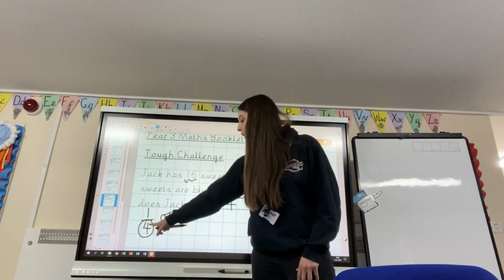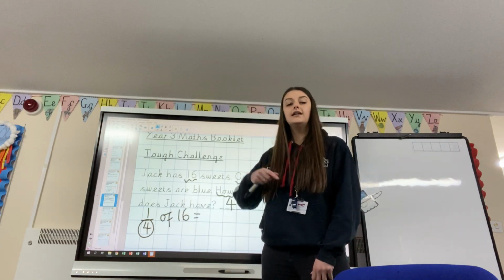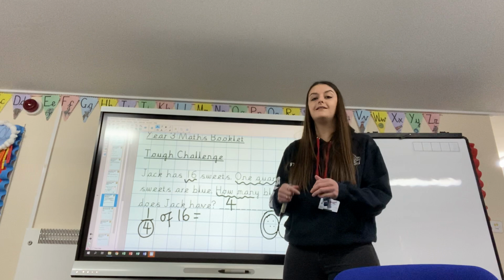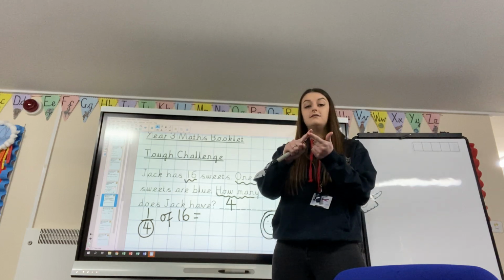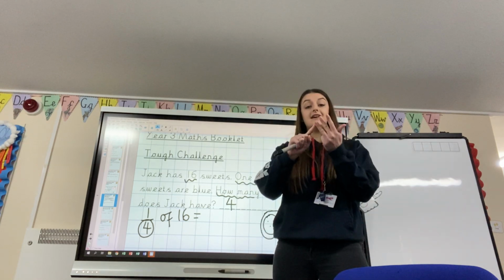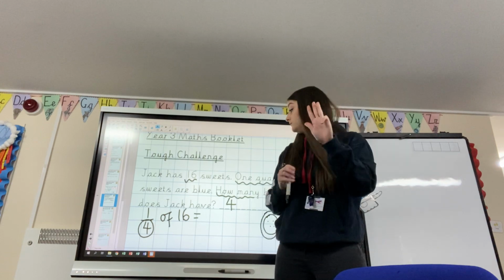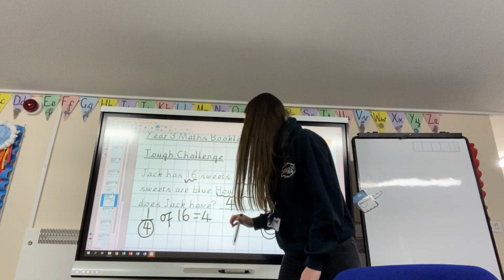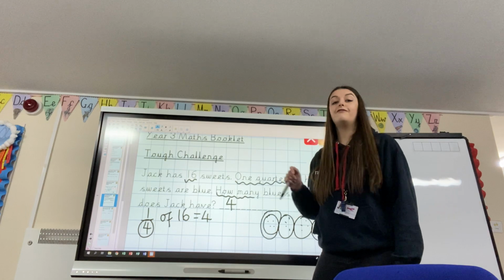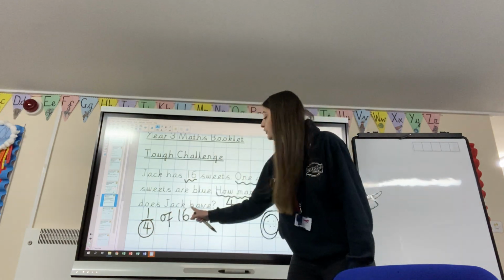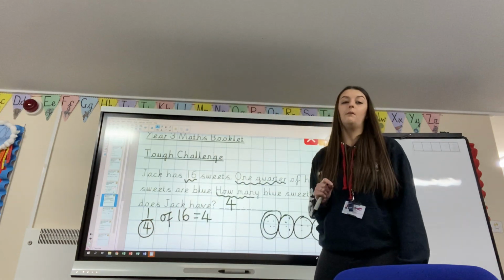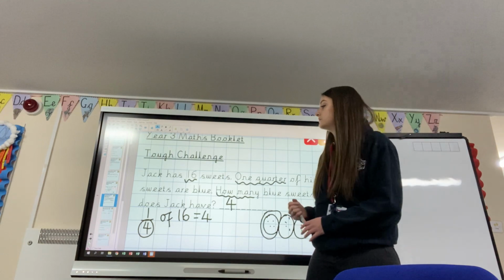So how many 4s are in 16? Can you count in your 4 times table with me? 4, 8, 12, 16. There's 4, okay? And like we did here, we know that the answer was 4. So you can count in your 4s until you get to this number, because it's how many equal groups.